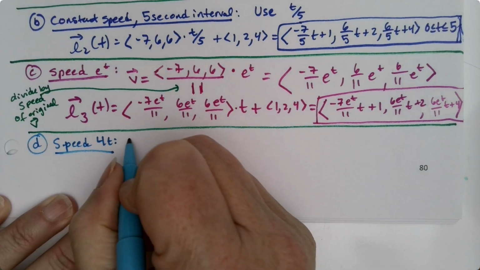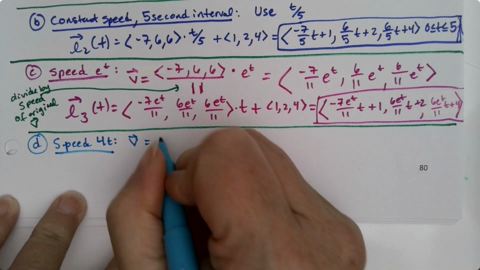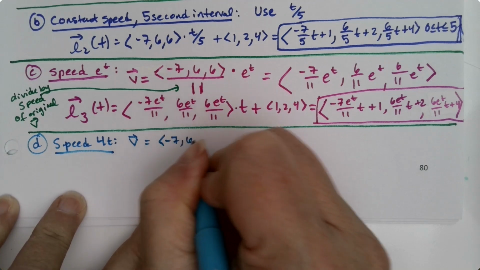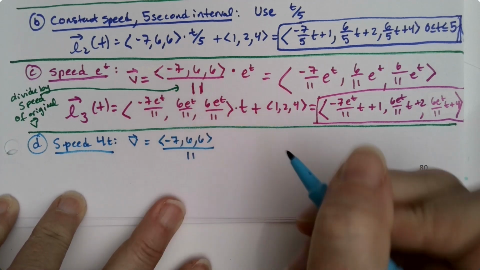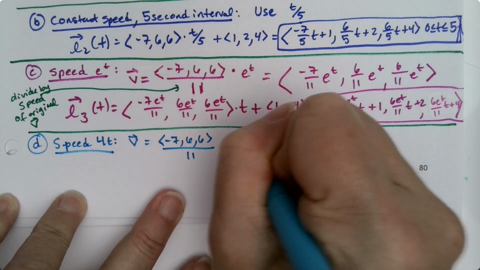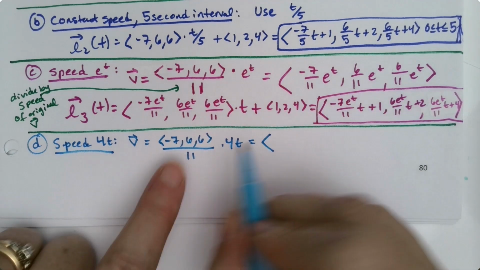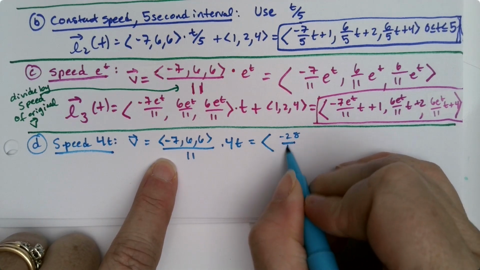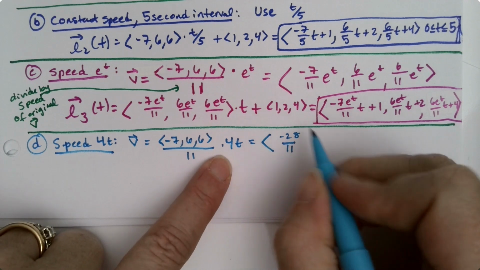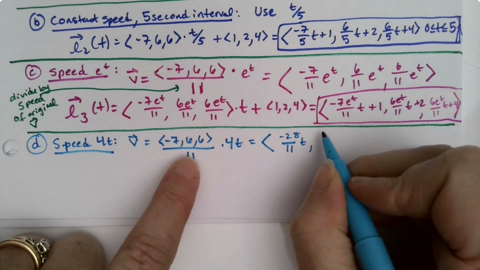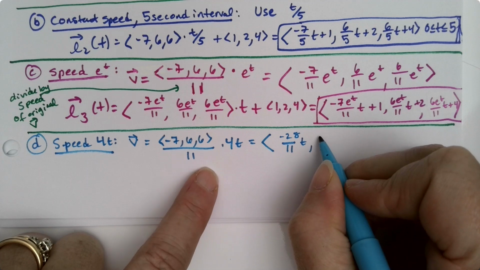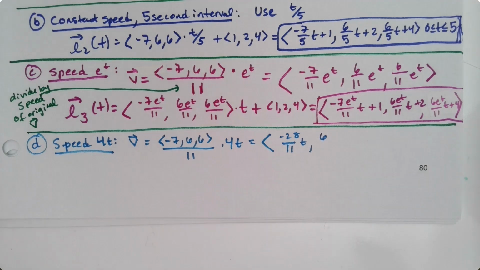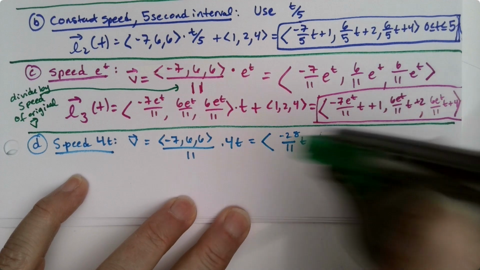Okay, so you take your direction vector, negative 7, 6, 6, you divide it by 11, because you're dividing by the speed, and you multiply by 4t. That would get us negative 28 over 11 t, and then 6 over 11 t, or excuse me, 24, 6 times 4.